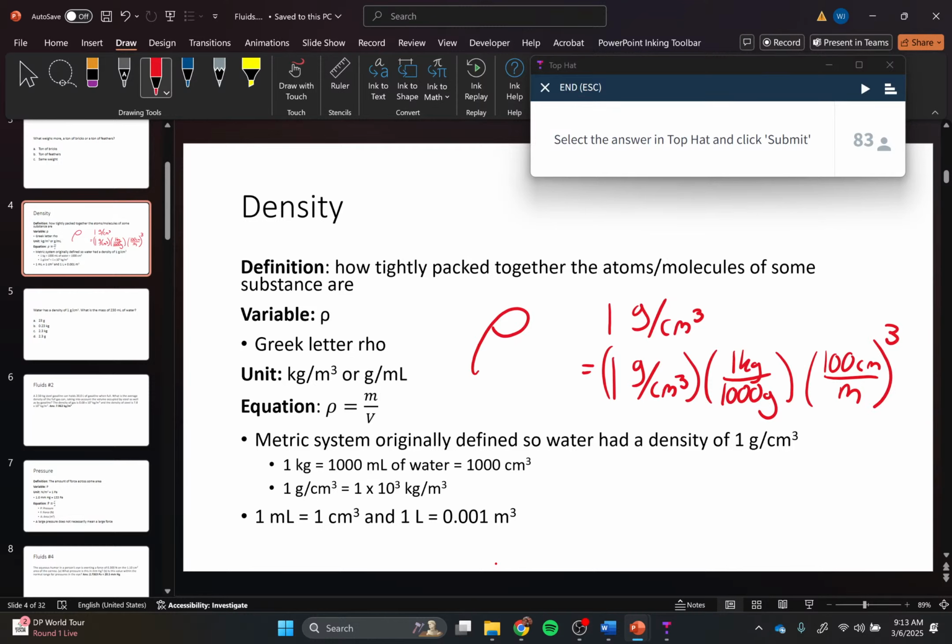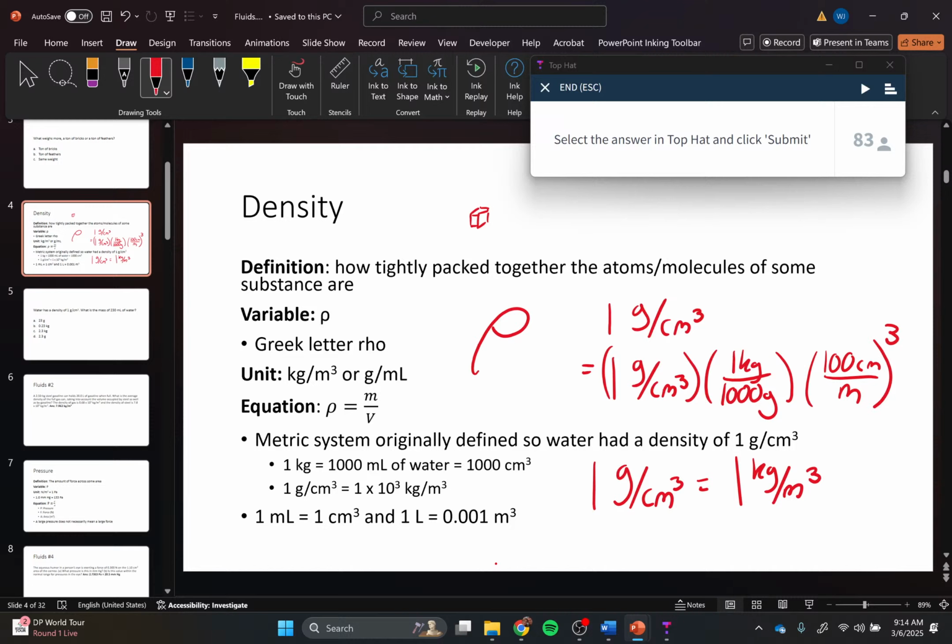And this is also something that's very easy to check yourself on. If you say that 1 gram per centimeter cubed is 1 kilogram per meter cubed, let's think what the logic of this means. If you have a cube of water that's 1 centimeter by 1 centimeter by 1 centimeter, my cube here is going to look terrible, but okay, I'm actually happy with that cube.